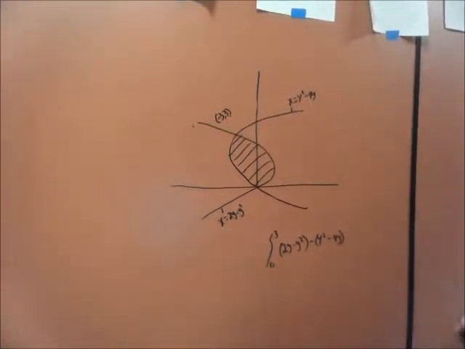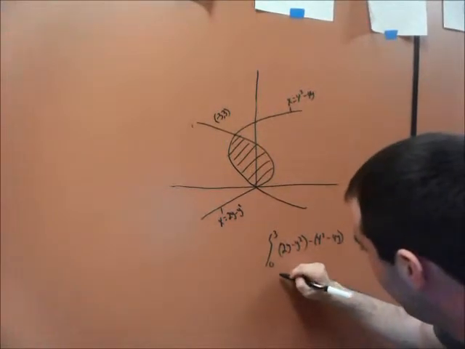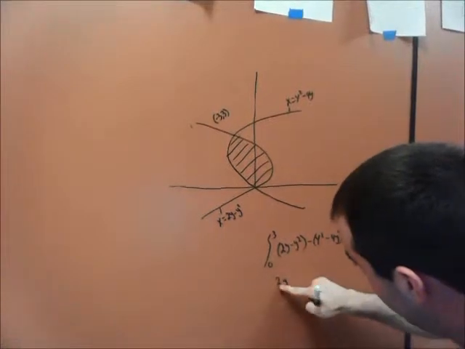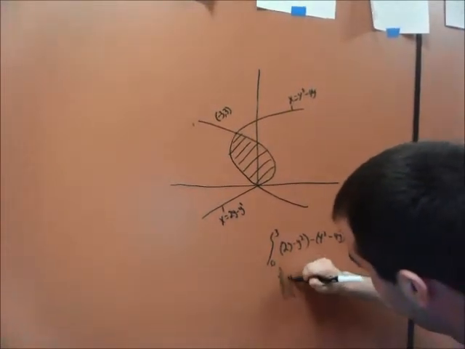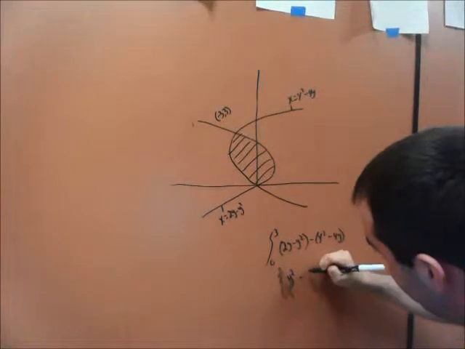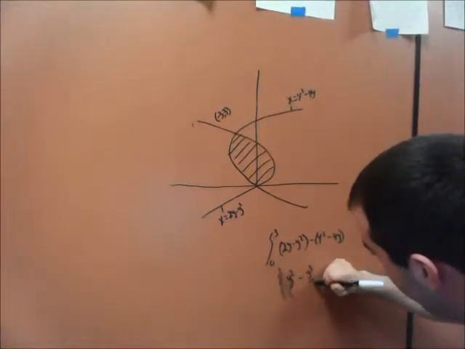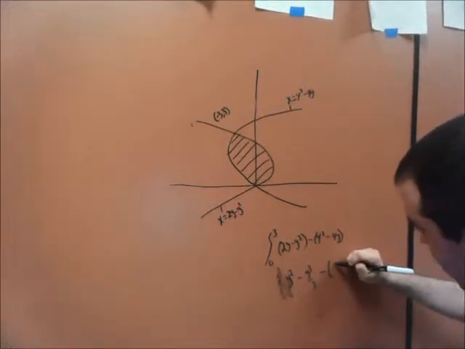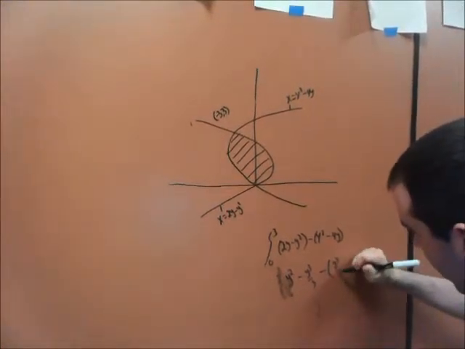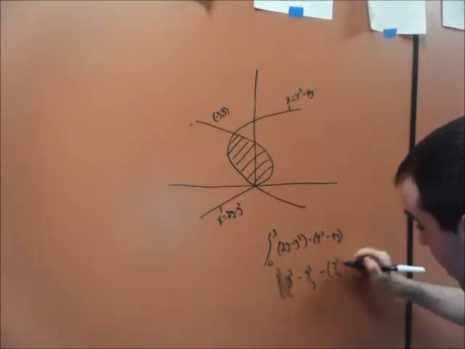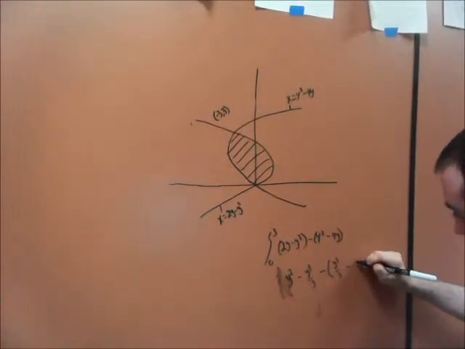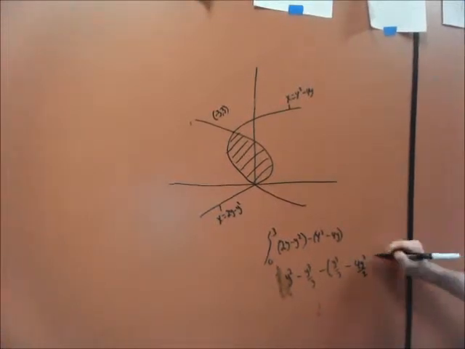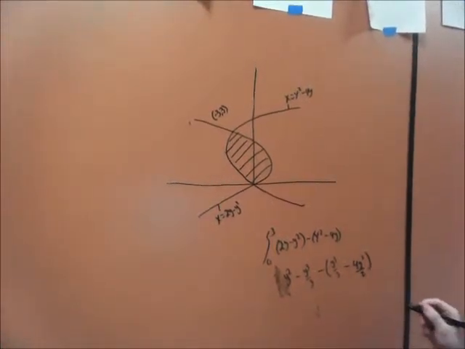If we solve that algebraically, we get y squared minus y cubed over 3 minus y cubed over 3, so those add together, minus 4y squared over 2, which simplifies to 2y squared.